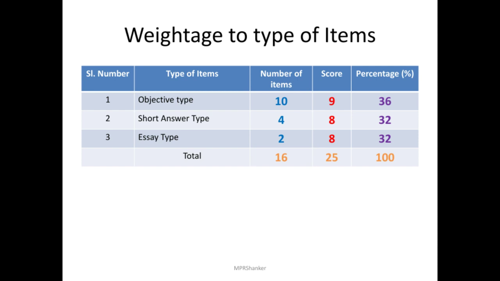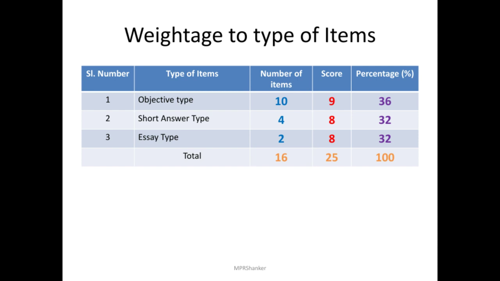In this test we are using three types of test items: objective type, short answer type and essay type. This table gives the details about the type of items, number of items included for each type, corresponding score and percentage of score for each type of items.